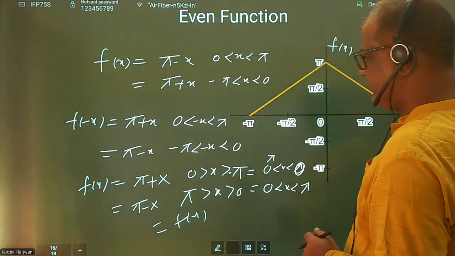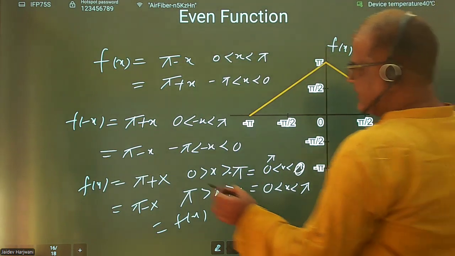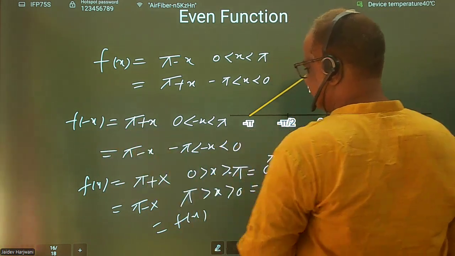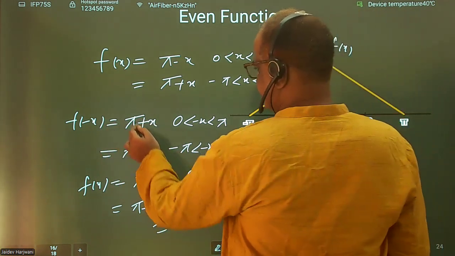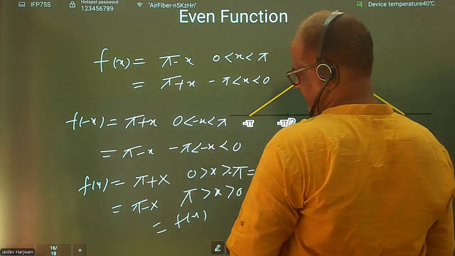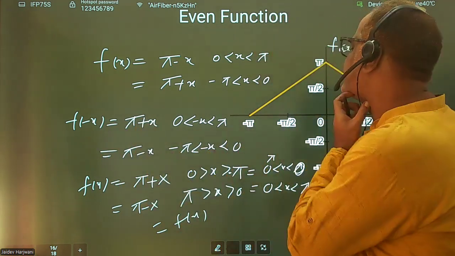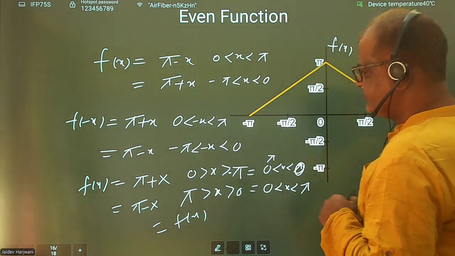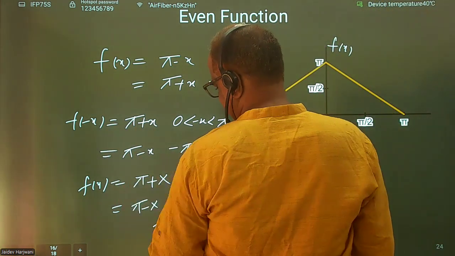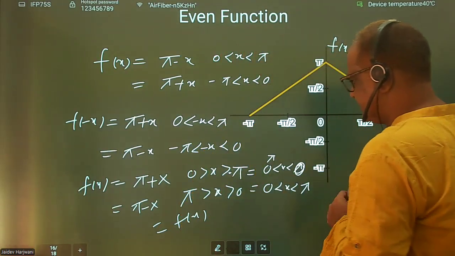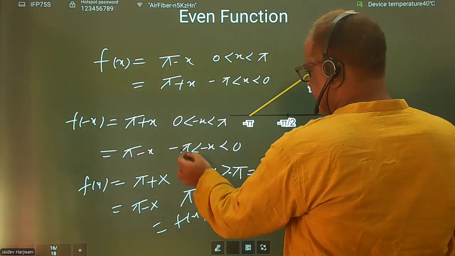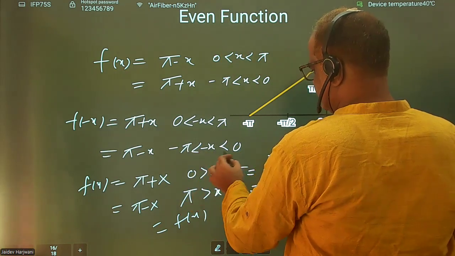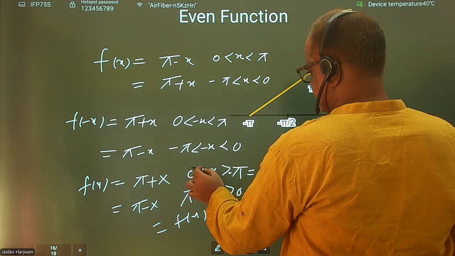So here, this is my f(−x), this becomes π + x, π − x... Now I multiply this with minus 1. So what will happen if I multiply this with minus 1, this becomes minus π. The interval I'm multiplying, so this will become 0 < x < π.